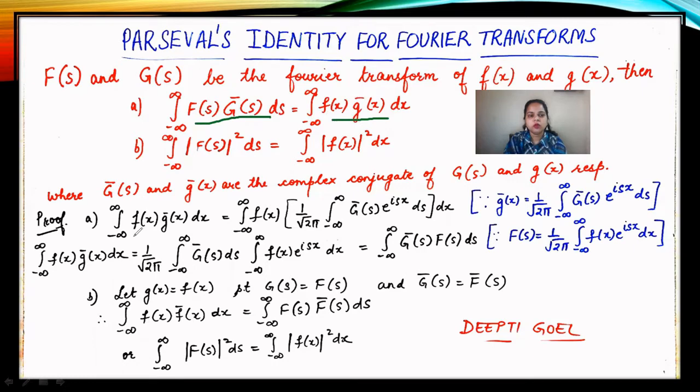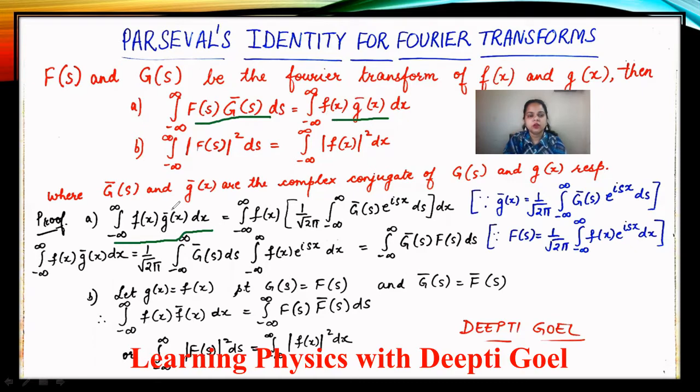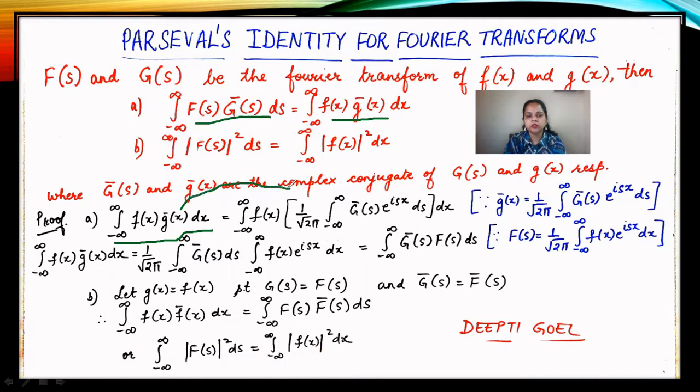So we start with the right hand side of the equation. So the right hand side of the equation is the integral from minus infinity to infinity of f(x) g bar x dx. So this g bar x is also known as the inverse Fourier transform. So we apply the inverse Fourier transform on the g bar of x.